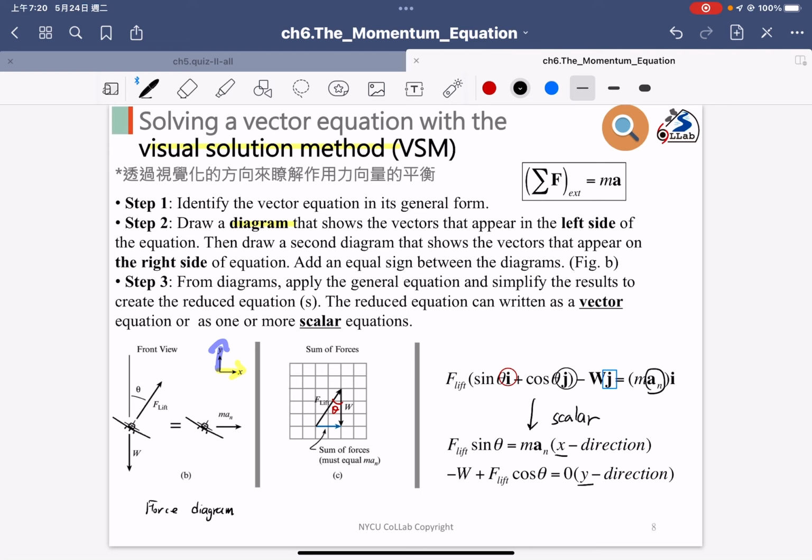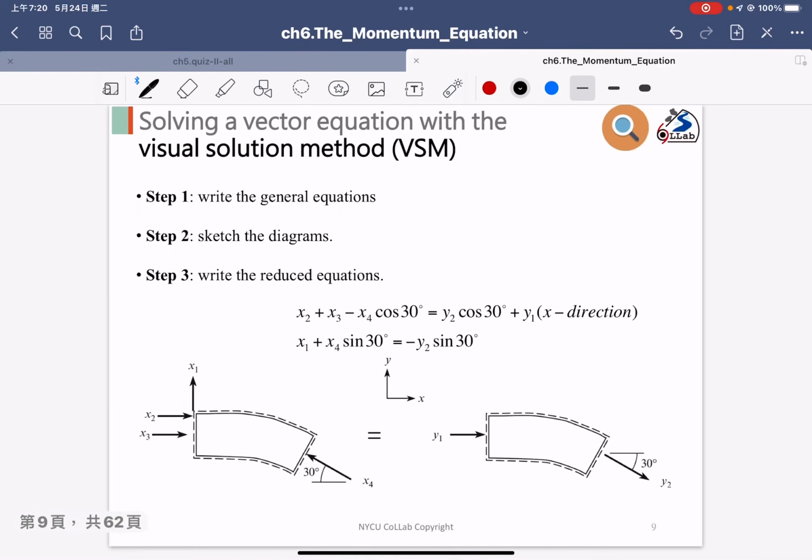But for the x direction, we have the external force, so the acceleration will occur along the direction normal to the path.